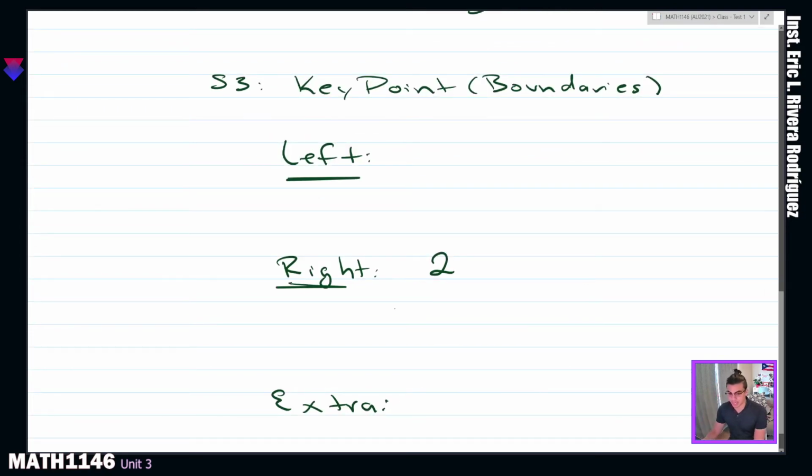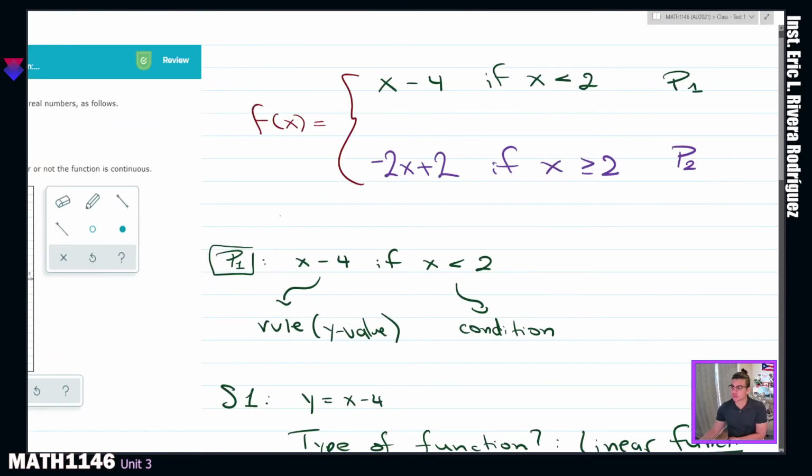All right, so this is the tricky part, and this is something that you need to pay attention to. Having the boundary of 2, I'm going to bend the rule here for just a moment, because I'm going to use 2 in the rule for piece number 1.